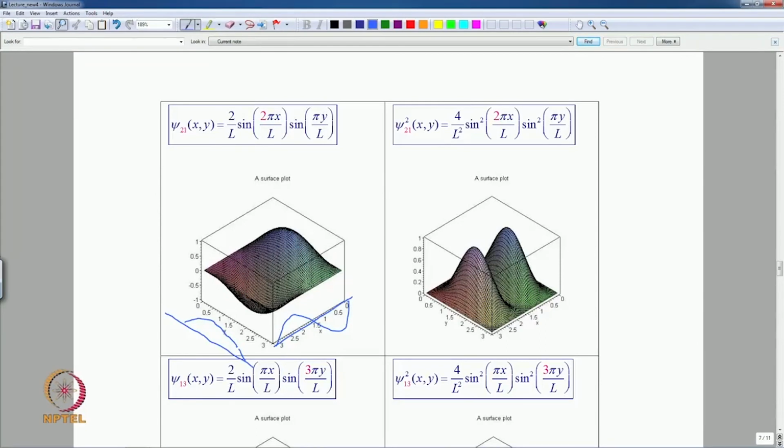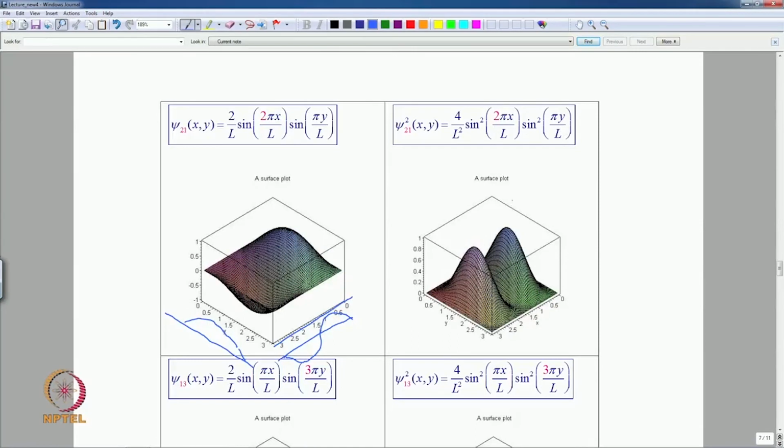Sorry, this is in the wrong direction, so let me erase that, because your 0 starts from here, therefore you have that, and this is the y axis. That is the reason why part of it is negative and the other part is positive.